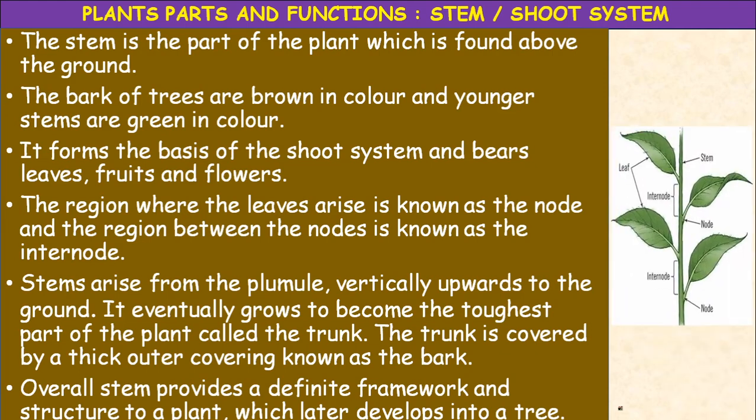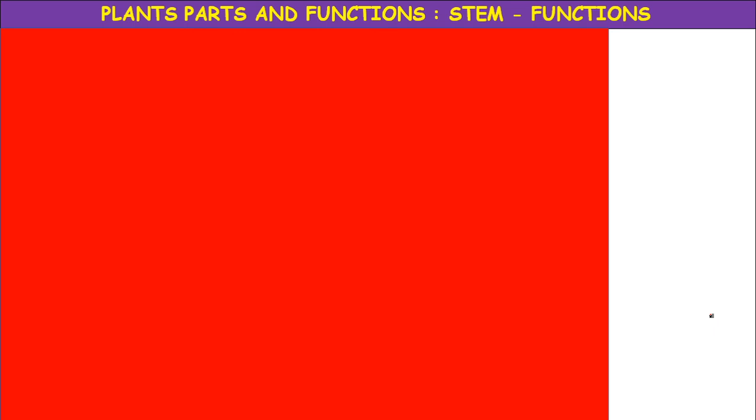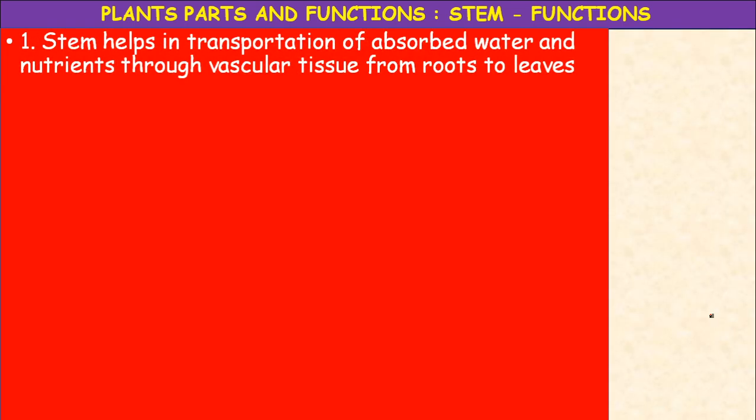These are the parts of the stem. This is the node, the place from which the leaves develop. The gap between two nodes is called internode. Now the functions of the stem. The main function is that the stem helps in transportation of absorbed water and nutrients through vascular tissue from the roots to leaves.